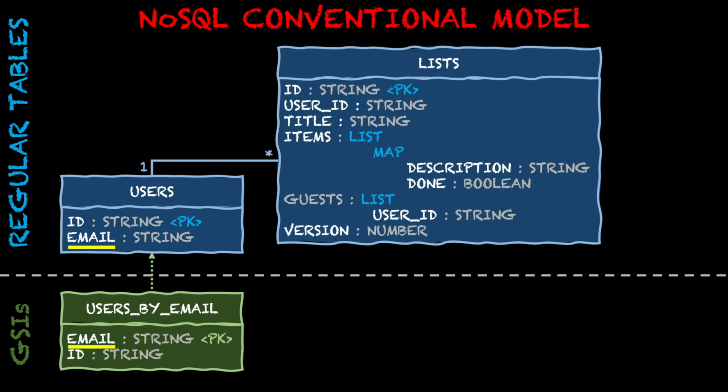This table, other than its unique identifier, contains several attributes: the user ID attribute, which represents who owns the list, the title, the list of items declared within that list, and for each item its description and a boolean done value specifying whether it is pending or not. Then we also have an attribute to store the guests as a list of user IDs.